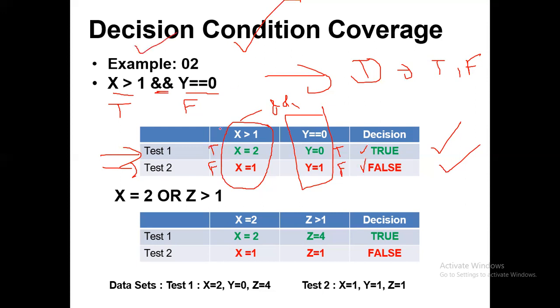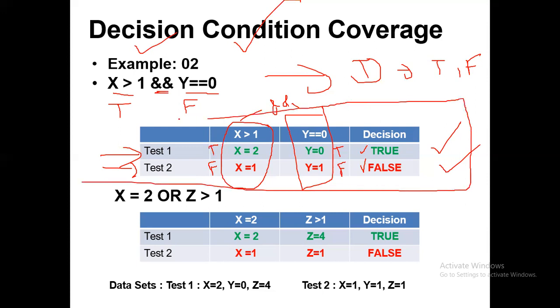It means decision coverage is complete. So likewise, you have to find values, when you are requested to do the decision condition coverage, that give the bigger decision both true and false, and also the atomic conditions both false and true, right?